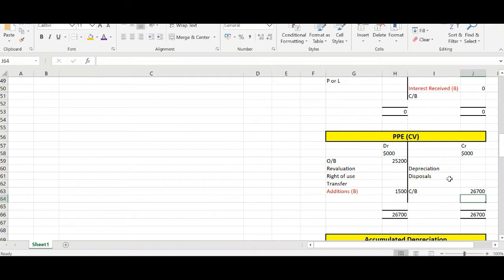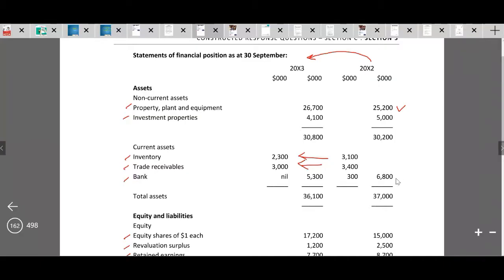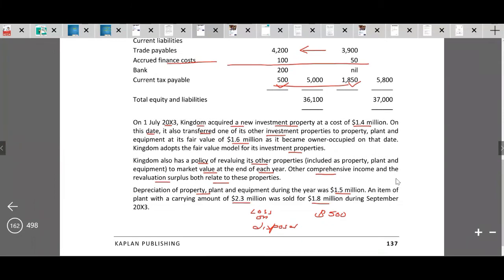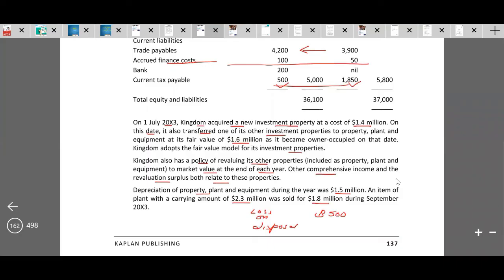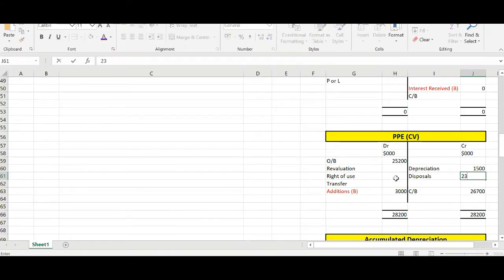All right. Depreciation, they told us it was 1,500 in the last paragraph. Yeah, 1,500. Disposal, the plant with the carrying value of 23 million has been disposed, so 23 over here.